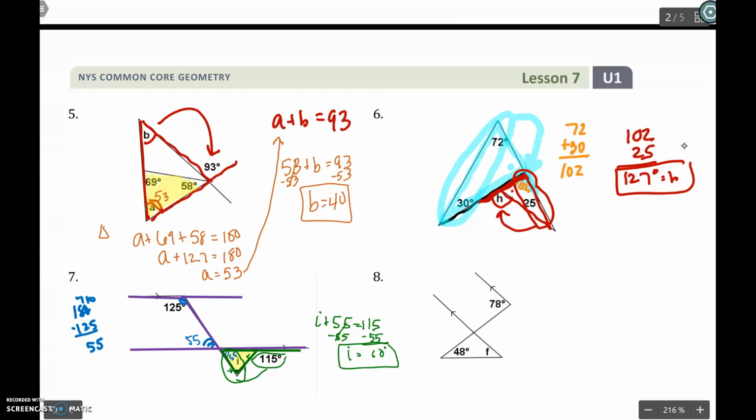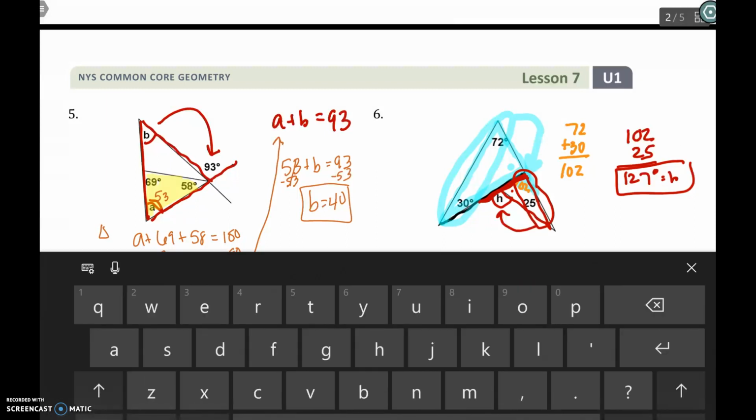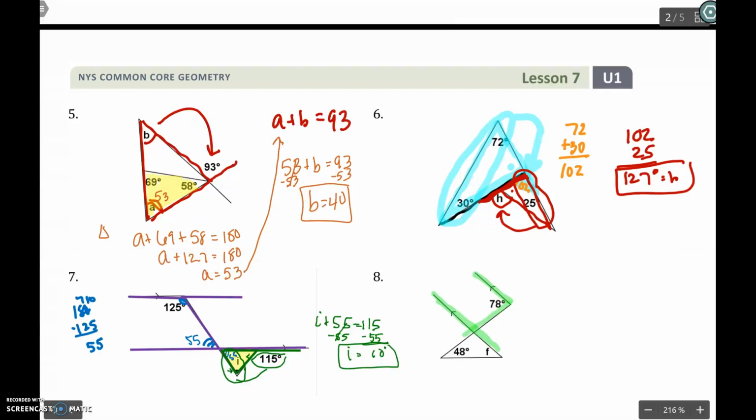Okay, for number 8, we kind of have a similar scenario. We have our parallel lines, and this time we actually have a transversal through them. So if you want to extend it to make it easier to see, you can. And then if you follow this 78 and you slide it down to its corresponding, we're going to get that angle there. Then when you look, we have our triangle with one side extended.